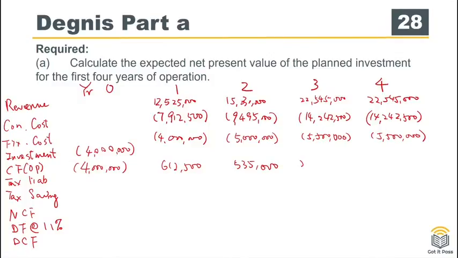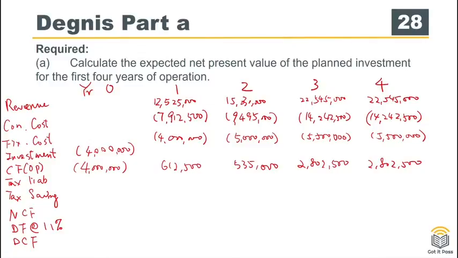For the third year, which is 2,802,500. The last year, fourth year, it's the same as the third year. Okay, here is the operating cash flow. The tax liability.